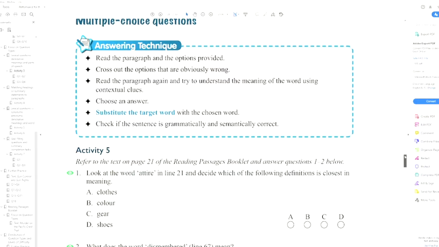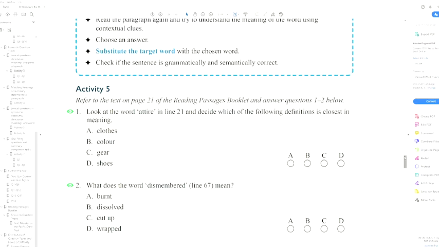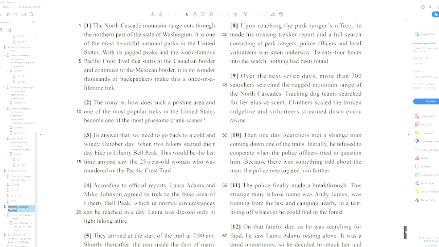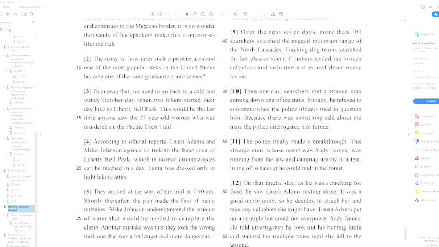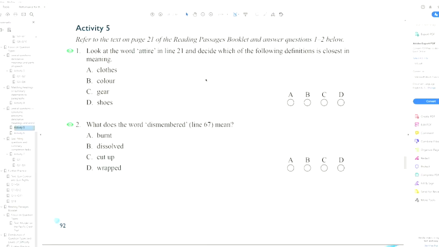All right. So let's continue right here. Look at the word attire on line 21 and decide which of the following definitions is closest in meaning. Okay, reading passage, line 21. Laura was dressed only in light hiking attire. Okay, she was dressed. So, of course, let's see.